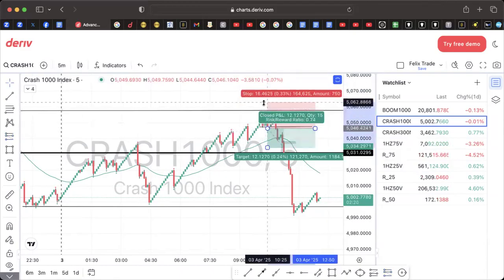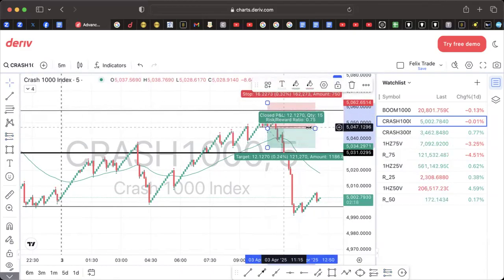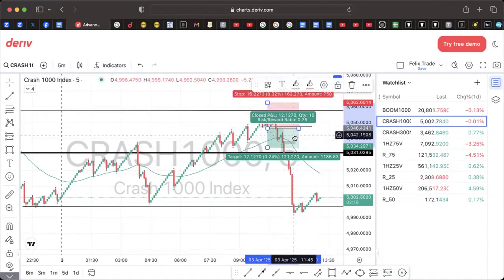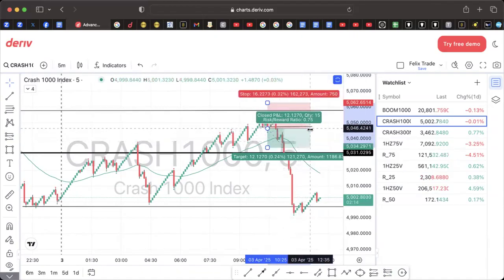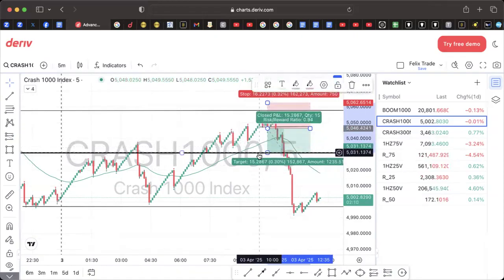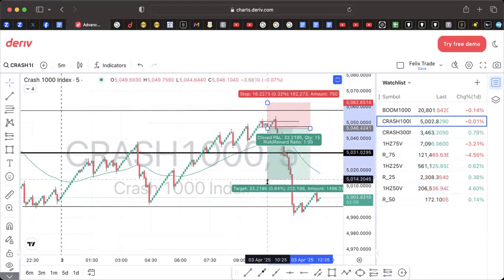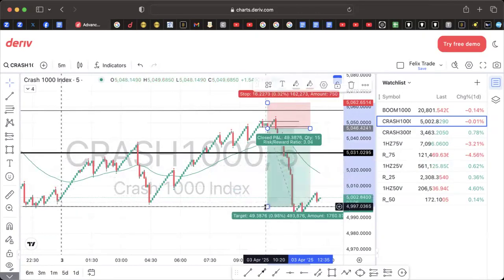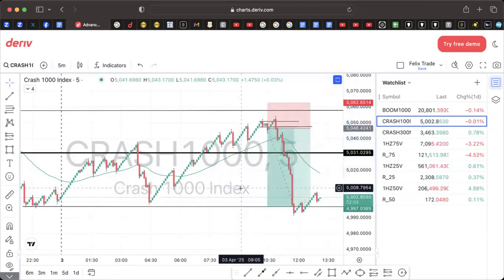Your stop loss is above here. This is 16. If you use 0.5, that's $8, right? Then, of course, the first target is here. And then the next target is this point here. Have you seen it? So if you use 0.5, depending on what you use.